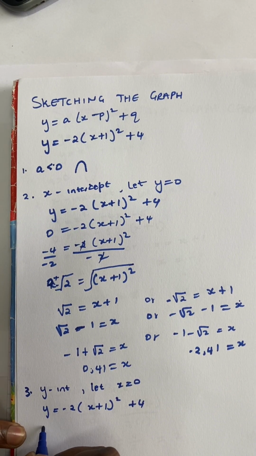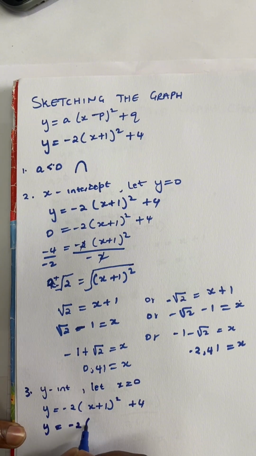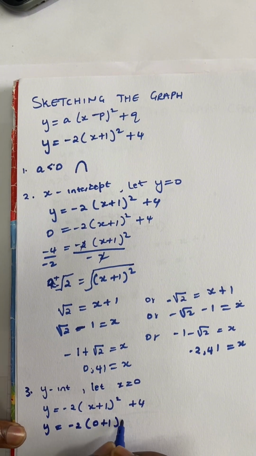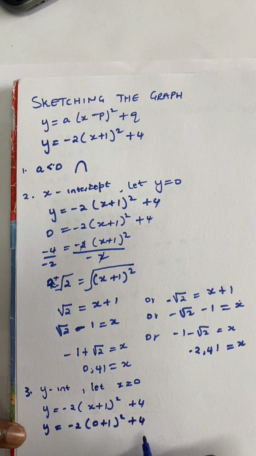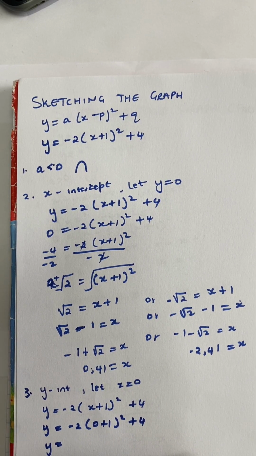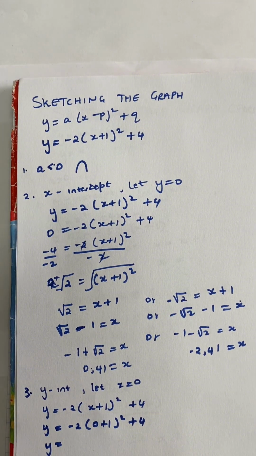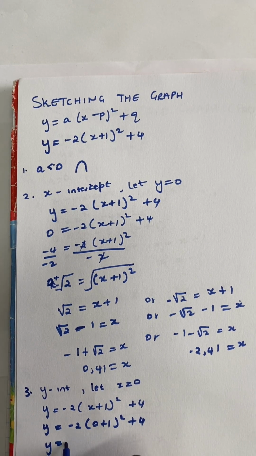So y is equal to -2(0 + 1)² + 4. What is the value of y? You can just use the calculator, or you can just say 0 plus 1 is 1, so 1 squared is 1. So 1 times negative 2, it's minus 2 plus 4.